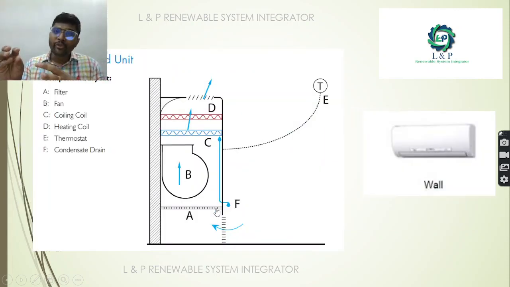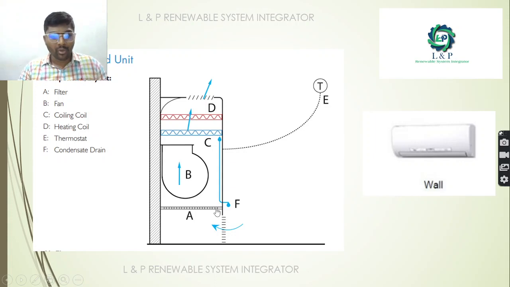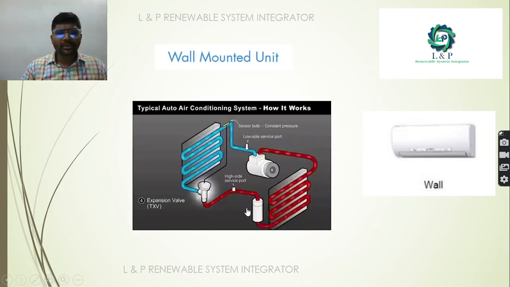When you go for a wall mount unit, in the wall mount unit we will have a filter, a fan, a cooling coil, and a heating coil. In order to set the temperature, we will have a thermostat, and most importantly we will have a condensate drain pipe. So see here, this is how a typical air conditioning system works.